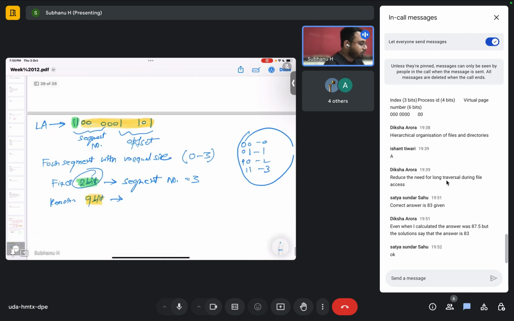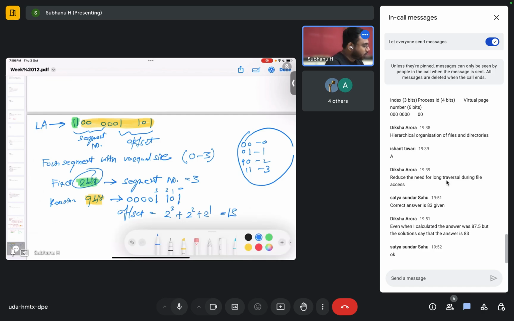So for this 9-bit part, the offset is equal to 2 cube plus 2 square plus 2 to the power 1, which is equal to 13. The positions are 3, 2, 1, 0. So 1 is present at positions 3, 2 and 0, which gives 13. Okay.